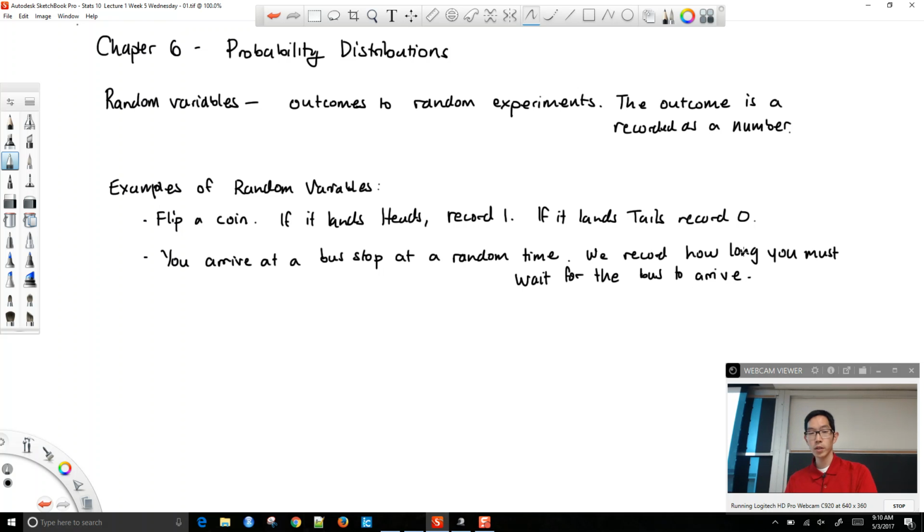Okay, and so there you have a random experiment or a random trial where you arrive at the bus stop at a random time, and then the thing that we are recording is a number. It's how long we have to wait.